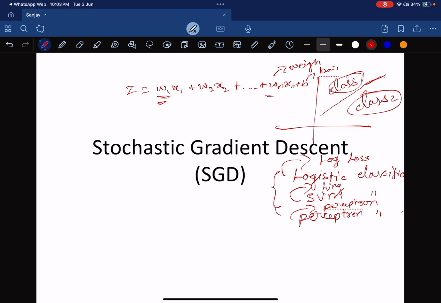It doesn't need a large data set to train the model. It will only need a batch of the data set, so it will train the model and it can find the pattern in a better manner.